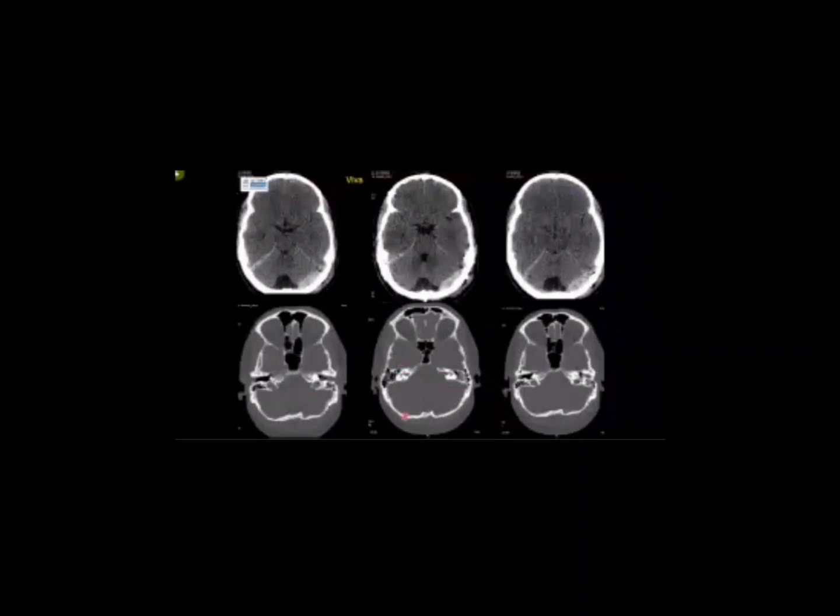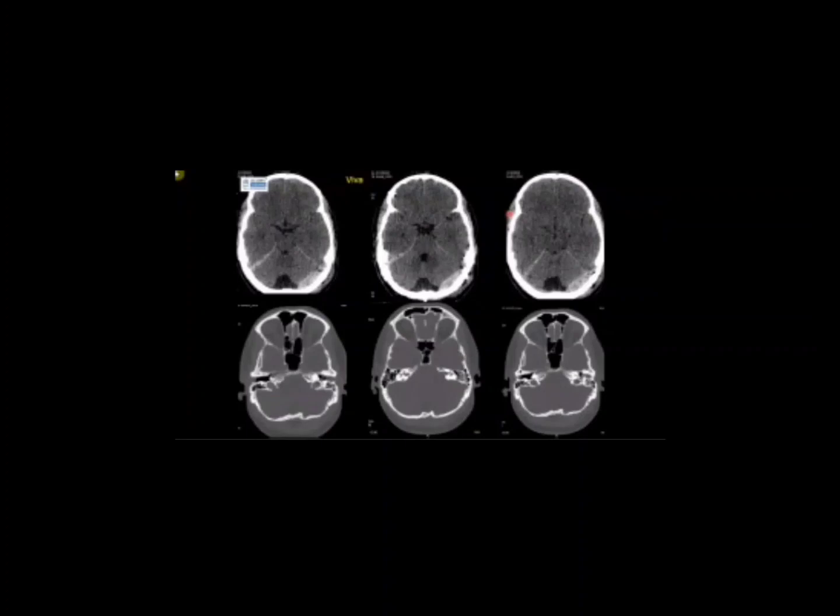In context of trauma, this might be a hemorrhage into the sphenoid sinus. So in summary, this is a case of trauma with left extradural hemorrhage, right tentorial hemorrhage too, with a fracture of the base of skull, with gas in the left jugular foramen and fluid level in the sphenoid.